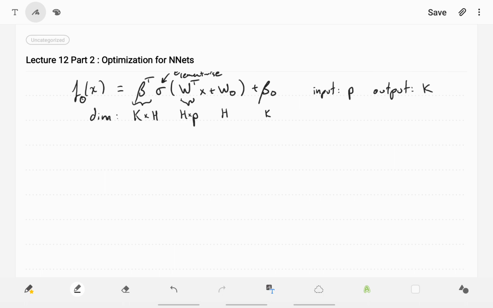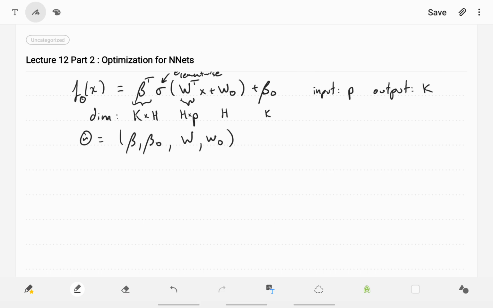And we already talked about loss functions for multi-class classification, and so this really gives us a framework for creating state-of-the-art multi-class classifiers. Okay, so this is just for prediction, and this theta we're just going to use to denote the set of all of the parameters, so beta, beta naught, w, and w naught, in this case, but it of course could be much larger.